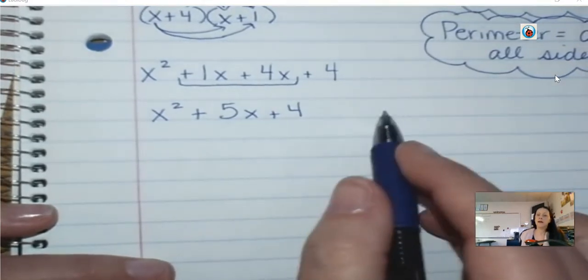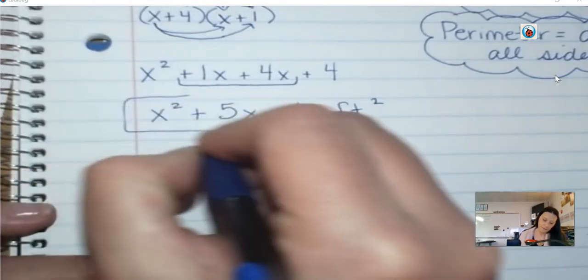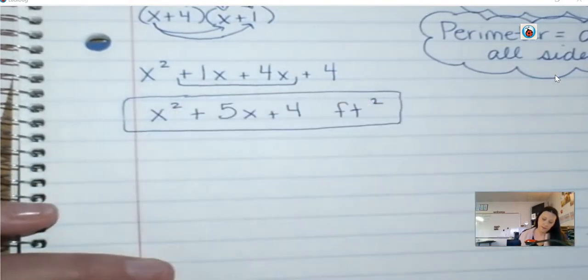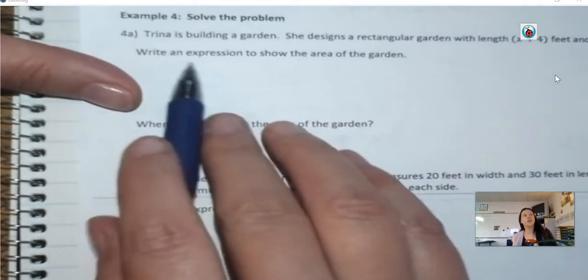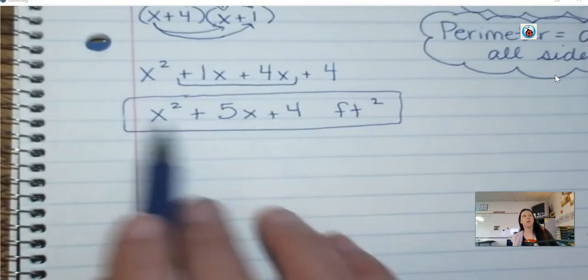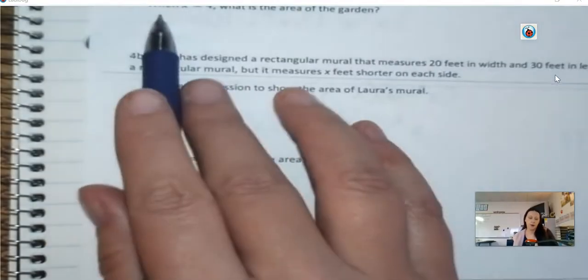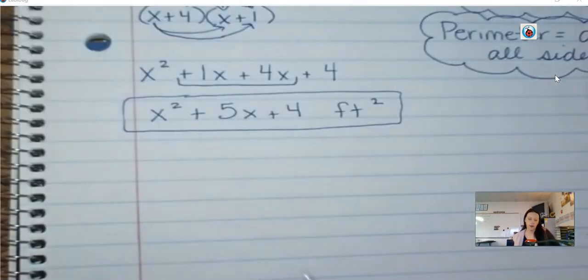We're talking about area, so it's square feet. So that's part 1 of the question. Part 1 says write a polynomial expression to show the area, so your answer will just be the polynomial. Part 2 of the question says when x is 4, what's the area?